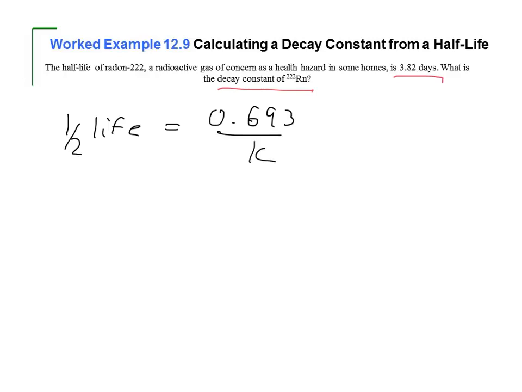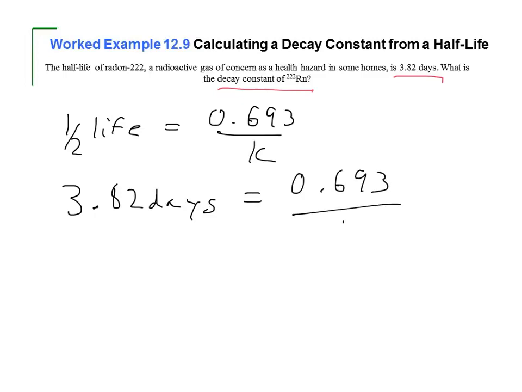This is fun just for the algebra. The half-life of radon is 3.82 days. What is the decay constant? So once again, we're using the same formula we did last time. This time, however, they've given us the half-life, and they're wanting us to solve for the decay constant, or the rate constant.